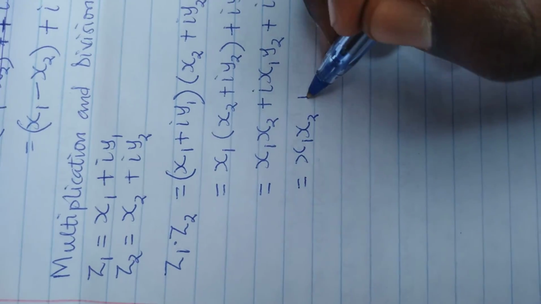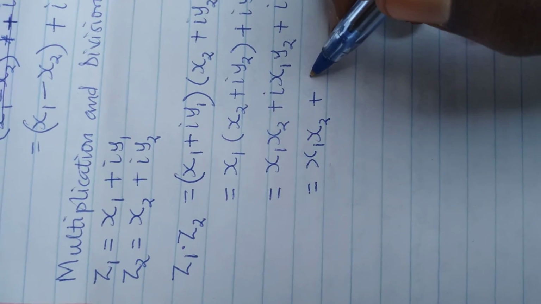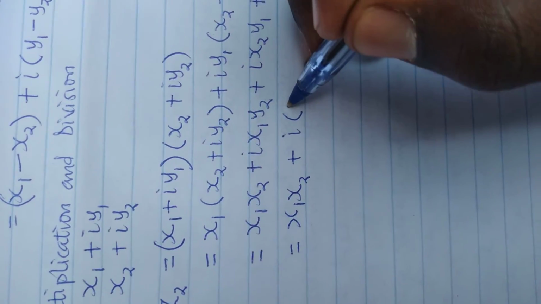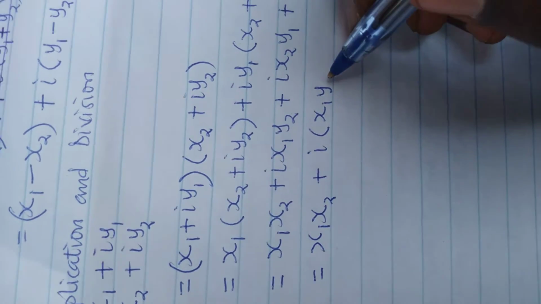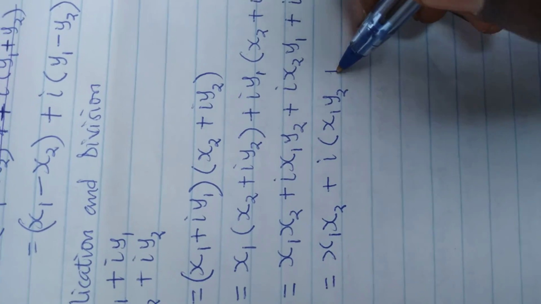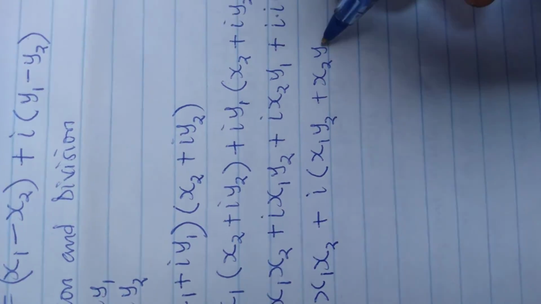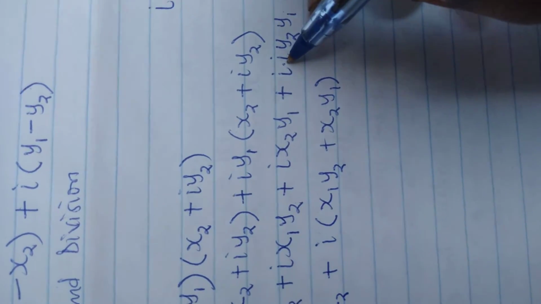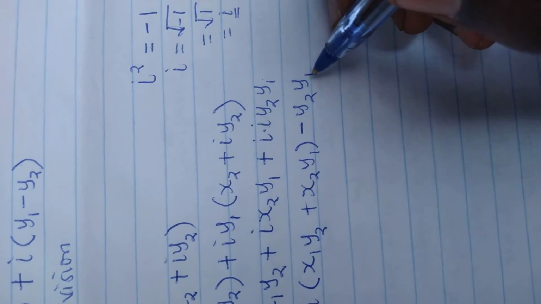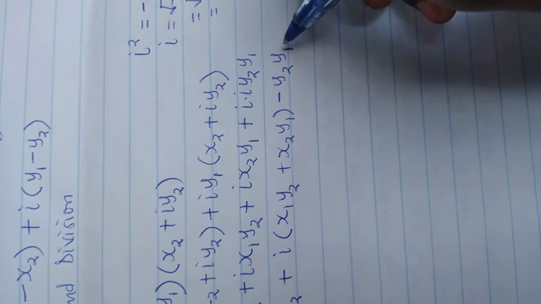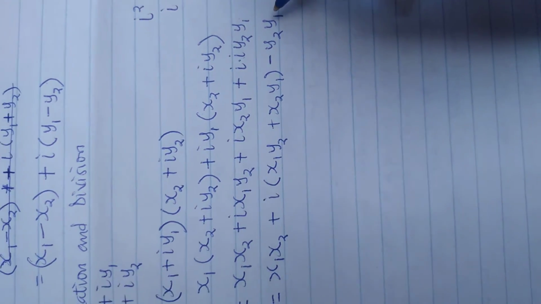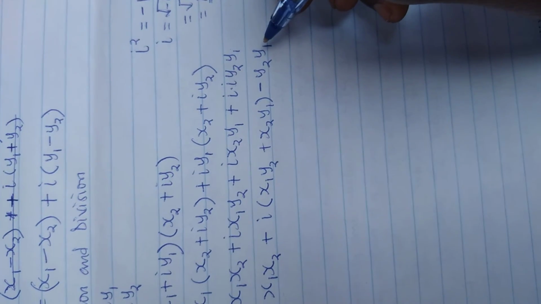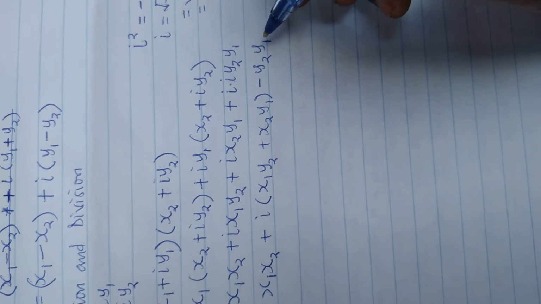So we shall have x1 x2 plus, since I is common, I into x1 y2 plus x2 y1, then since I squared is -1, we shall have minus y2 y1. Now this part has become real, so we collect like terms: the real parts alone, then the imaginary parts alone, which are the ones that have the I component.